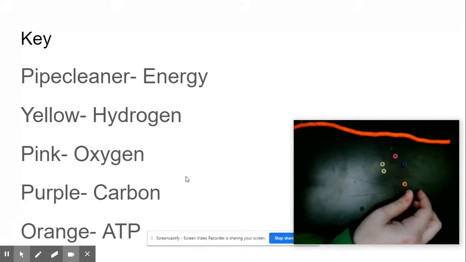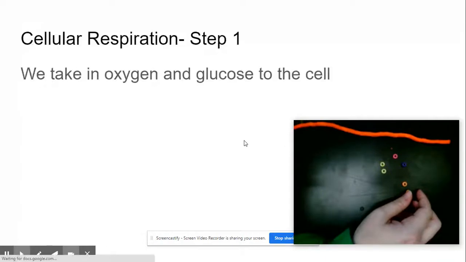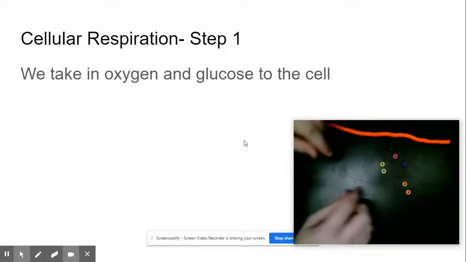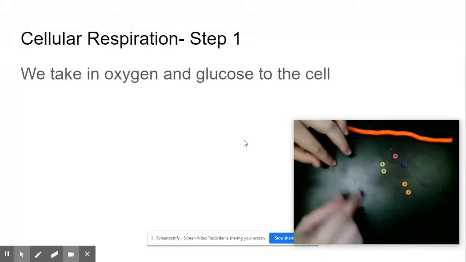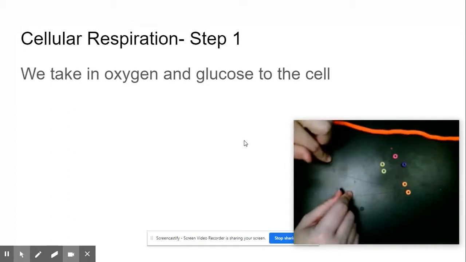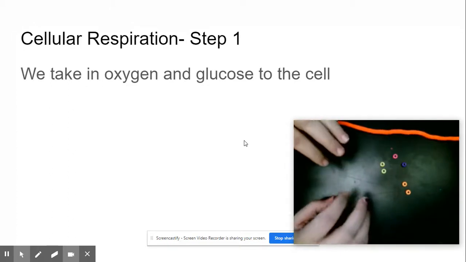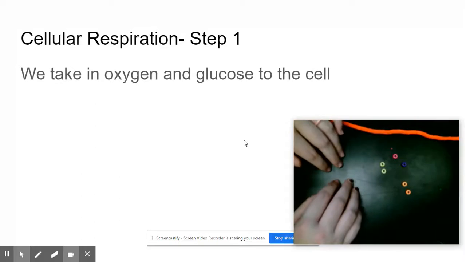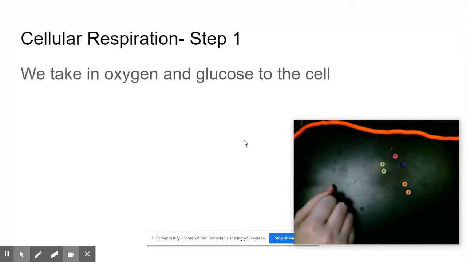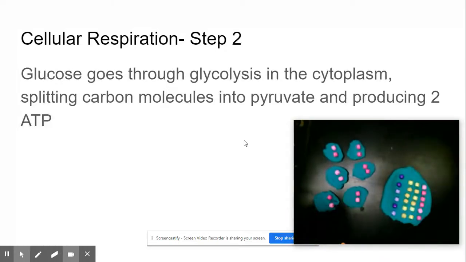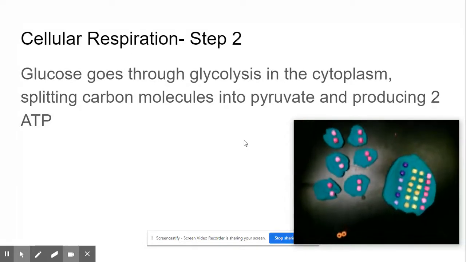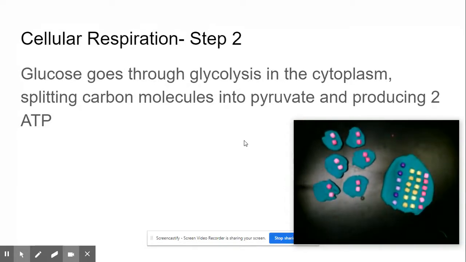So let's start going through a couple of the steps here. The first step is that we as humans take in oxygen and glucose to the cell. So I'm going to go ahead and pause this and make my oxygen and my glucose molecules. So now I have my different molecules that have gone into my human cell. So we've taken in oxygen, which is O2.